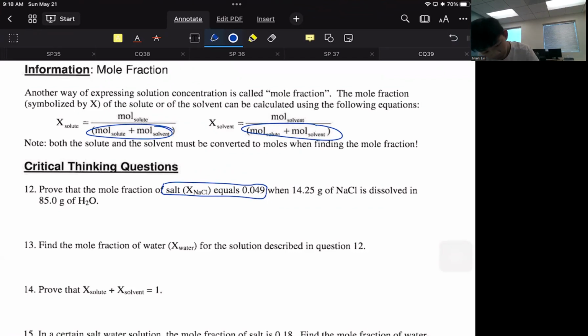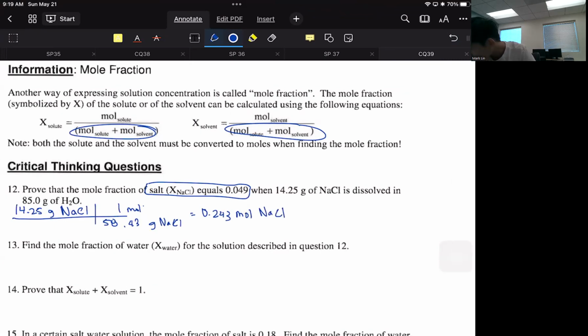So 14.25 grams of NaCl divided by 58.43 grams of NaCl equals 0.243 moles.